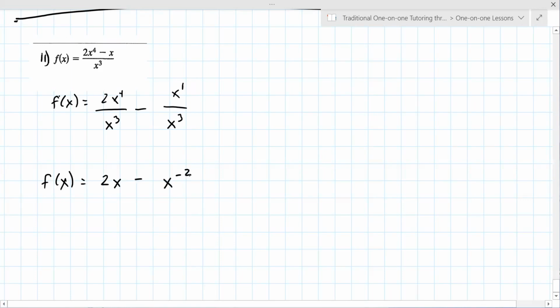One, two. So check this line that I'm putting an arrow at, because it's really important that you get this result here before you take your derivative.